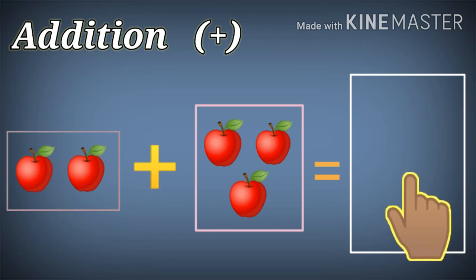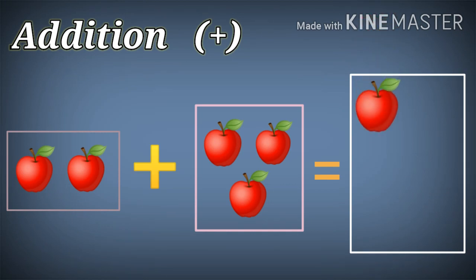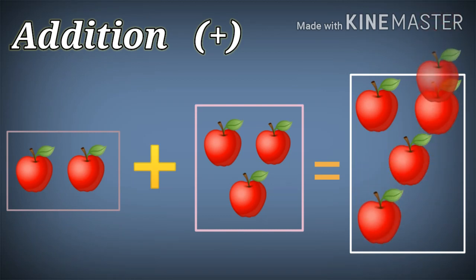Children, now we will put 5 apples in this box. 1, 2, 3, 4, 5. 5 apples.